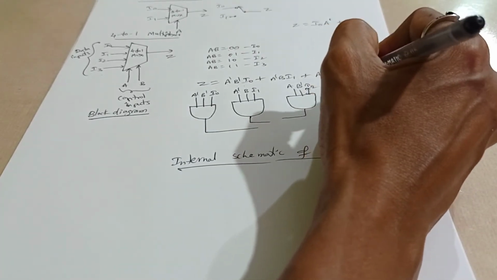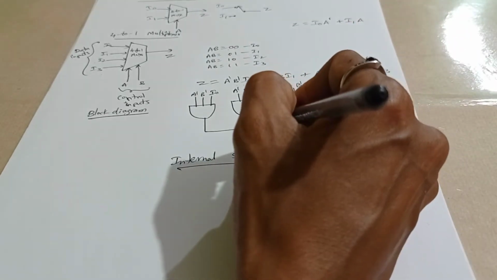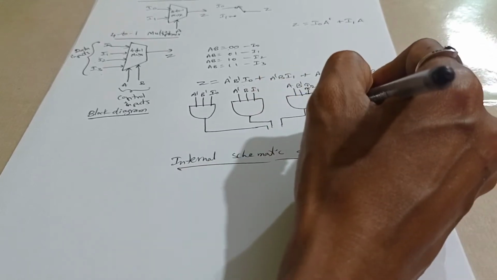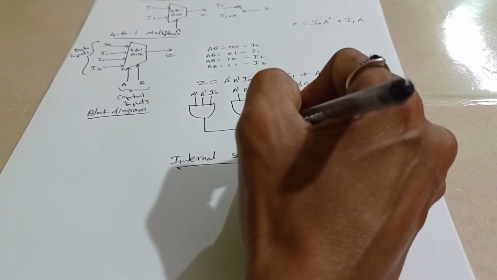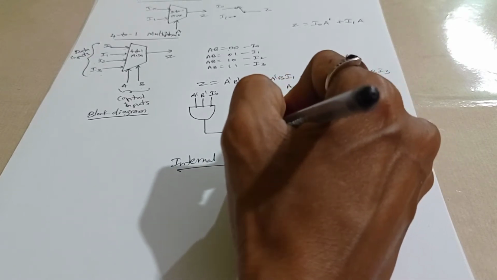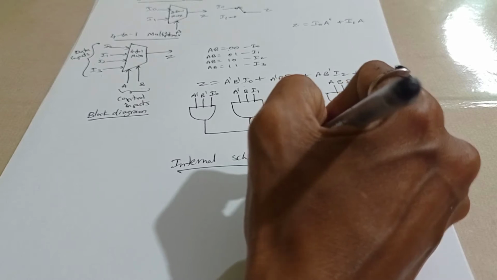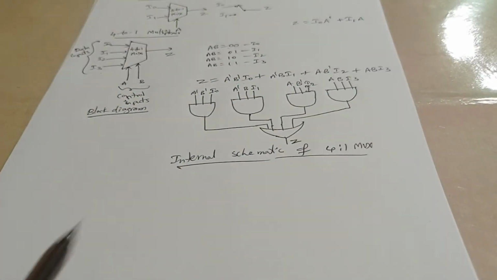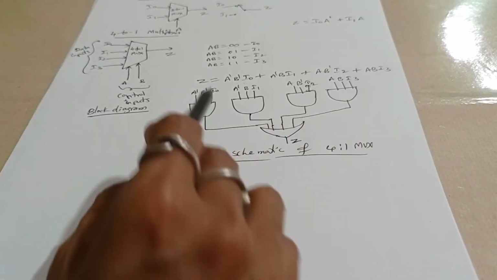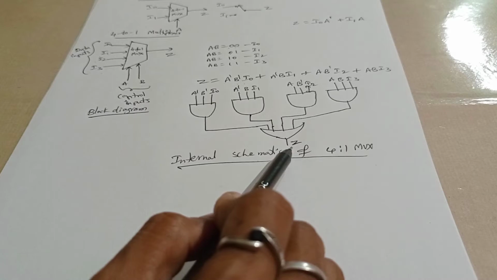Another AND gate, A B I3. All were connected to OR gate. This is the Z. This is the internal schematic of 4:1. 4 AND gates, and connected to finally OR gate to get Z.